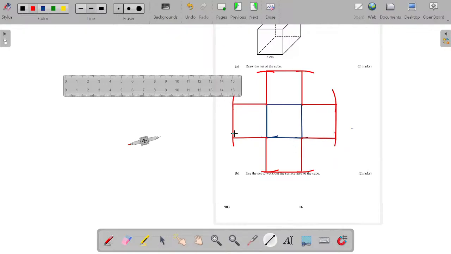Now I'm left with 1. I'm thinking of where to place it. I'm left with 1 and I can put it here. Let me take this. Okay.